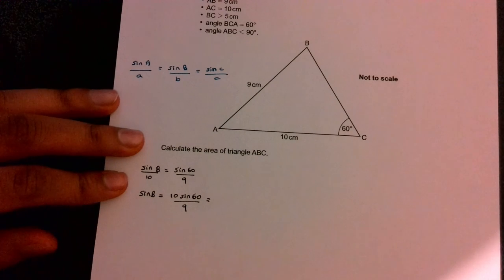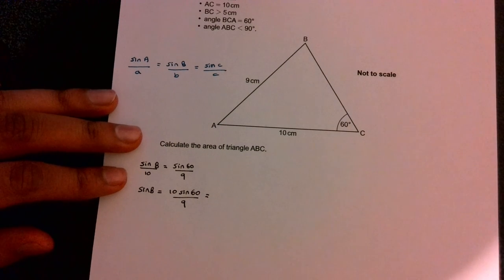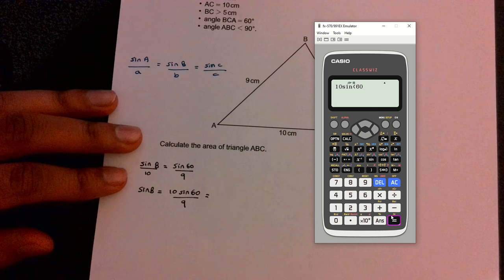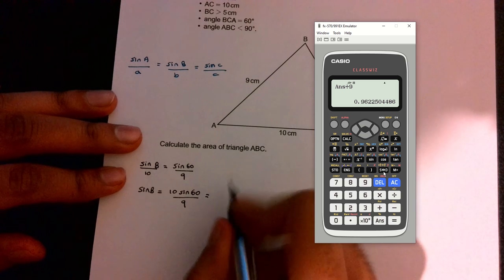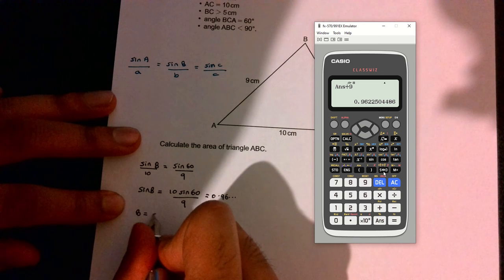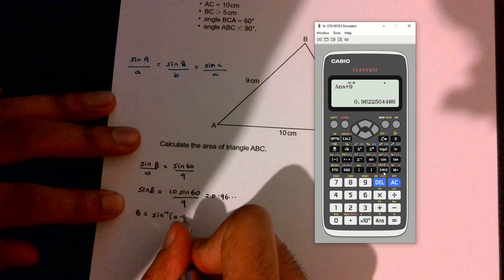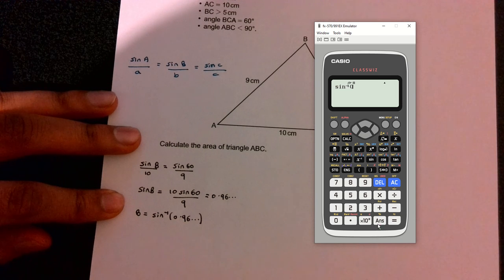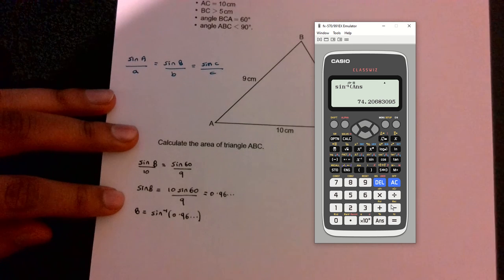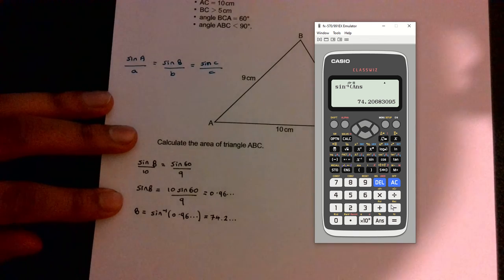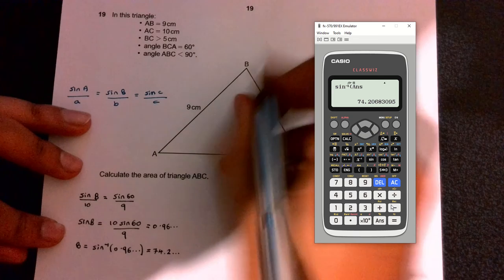Working this out, what we have over here is 10 times the sine of 60, and dividing this by 9, we have 0.96, etc. And therefore the angle B is equal to the inverse sine of this, that's 74.2, etc.